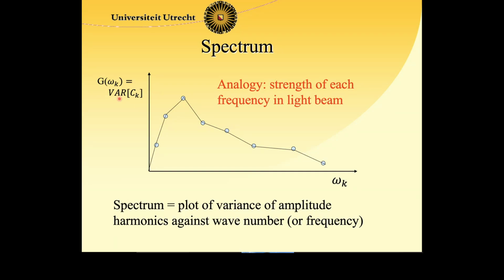This is how important that particular frequency is in the total signal. And so by plotting the variance against the wave number or frequency, we get a spectrum which is very analogous to a spectral representation of an electromagnetic signal. So this is an alternative way of characterizing the temporal or spatial structure of a random function when it's stationary.